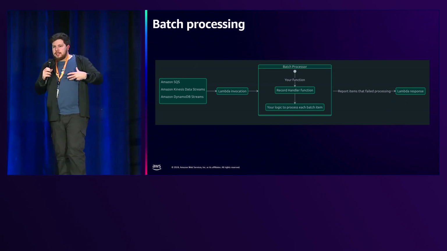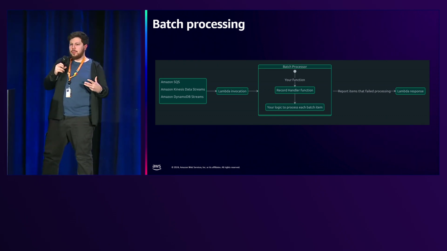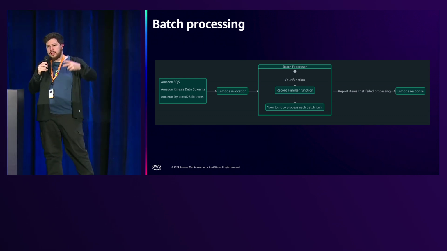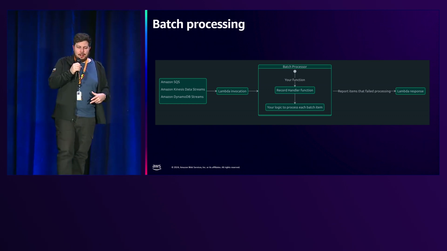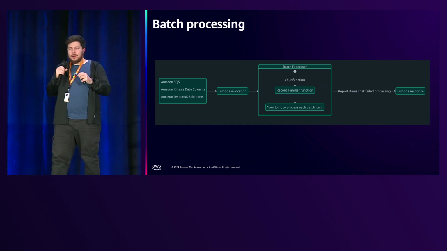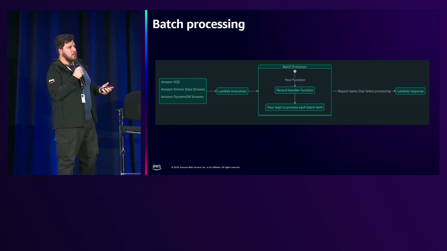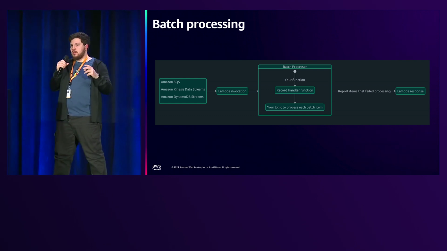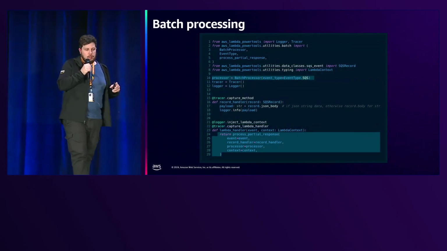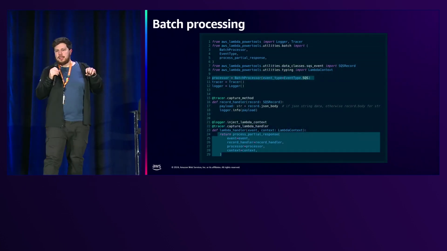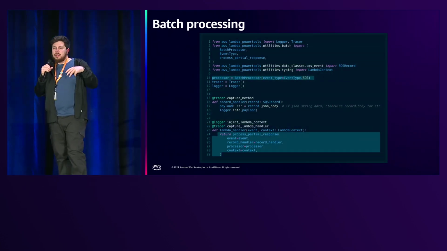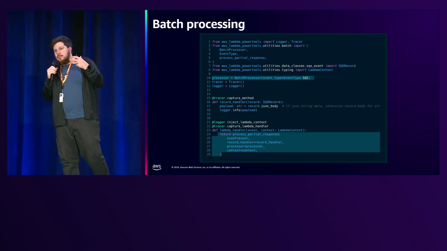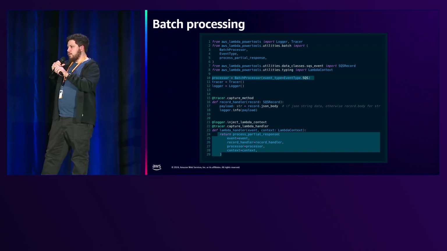Again, this is not necessarily complex, but it can lead to a bit of boilerplate code, because all those different triggers require slightly different payloads and slightly different identifiers. So ideally you want something that you can wrap your function with, where you specify a processor, saying I'm processing events from SQS, for example, and I am running some logic for each one of those records.